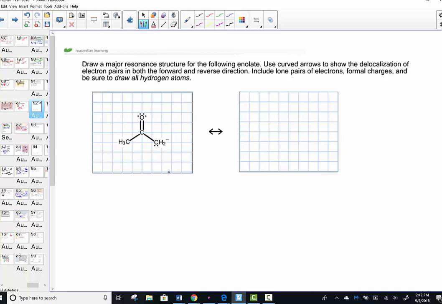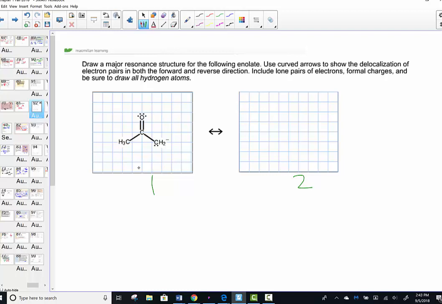So we have to turn this structure, I'll call structure 1, into structure 2. And then on this side, we have to draw arrows that turn it back into the original structure. Make sure that you include lone pairs and formal charges. And it does tell us to draw these hydrogen atoms, as much as they've done here.